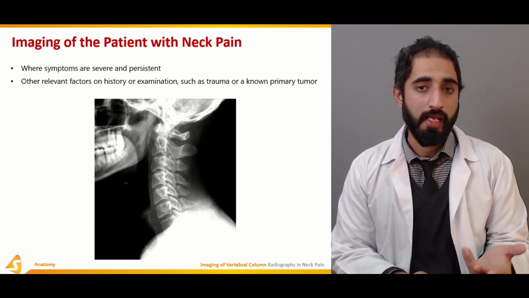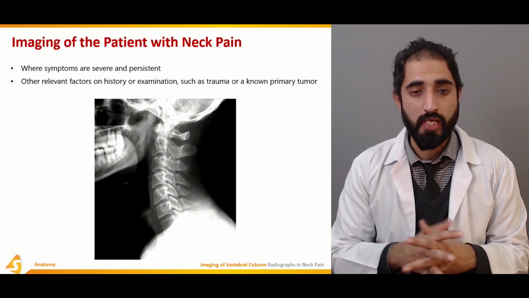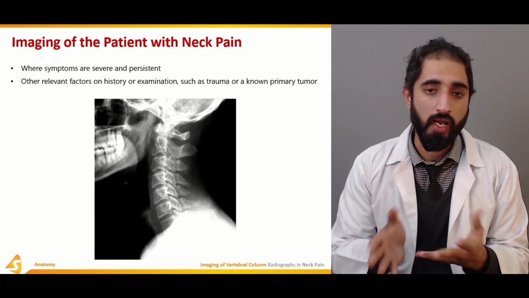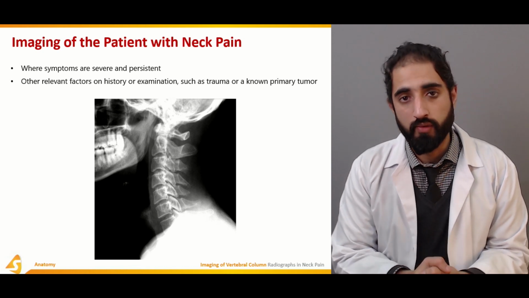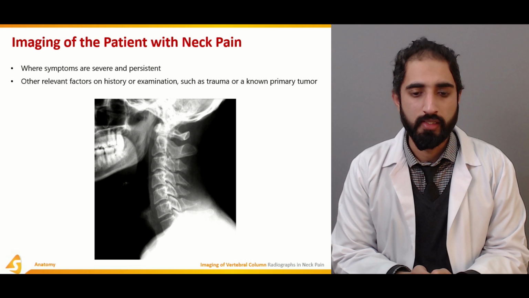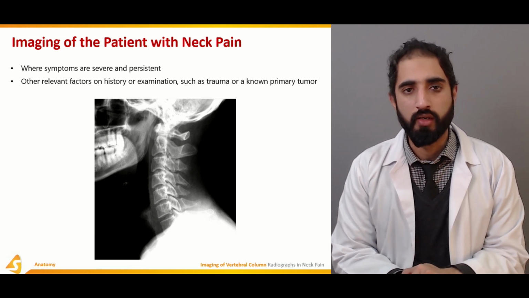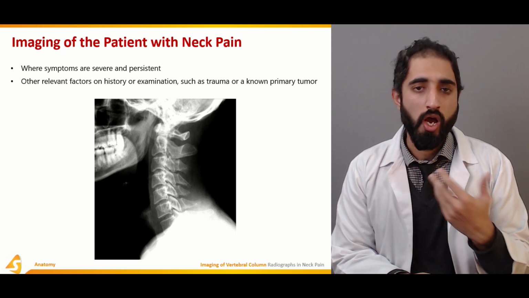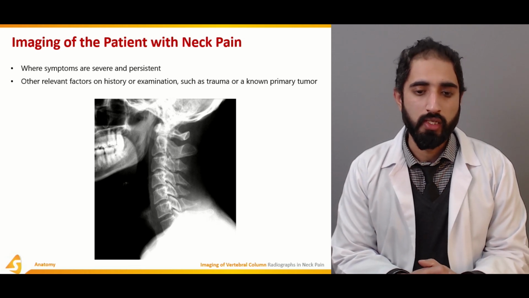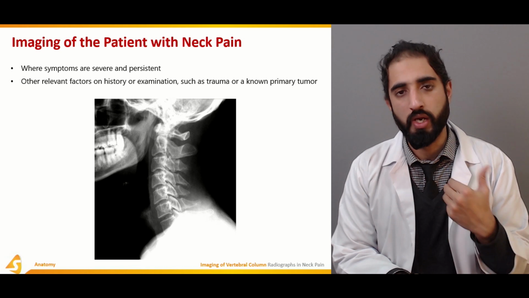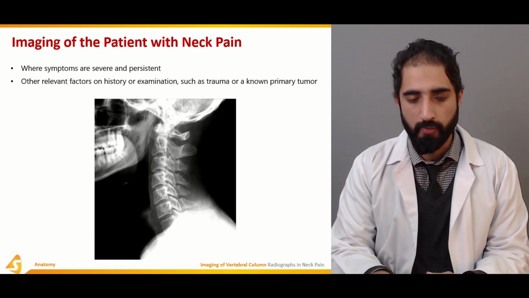We can also look at an AP view to determine if there is a lateral listing of the spine, or if there is a scoliotic curve in terms of the biomechanical analysis, and if there is rotation of the segments. So all of those things are very important if you are looking from a biomechanical perspective for the findings that you want to look for in patients with neck pain on an X-ray.